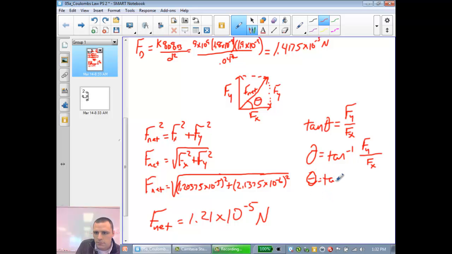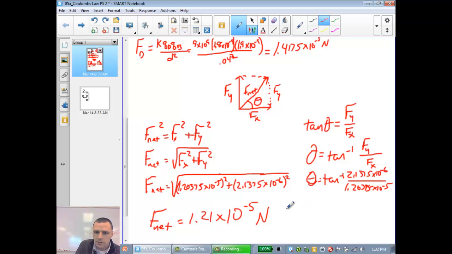I'll plug in the numbers here. Theta equals tan inverse of Fy, which was 2.1375 times 10 to the negative 6, over 1.20375 times 10 to the negative 5.